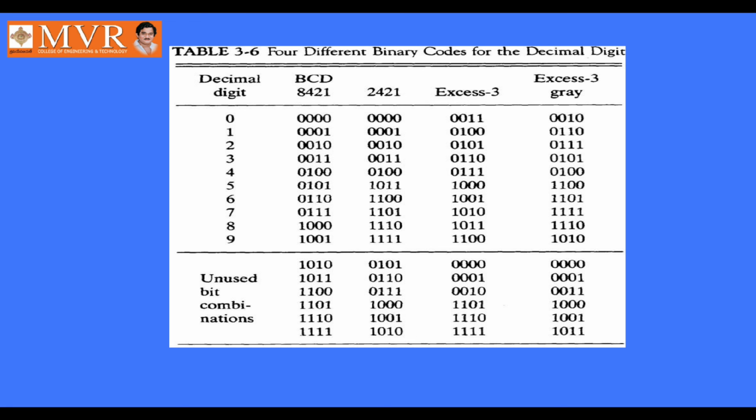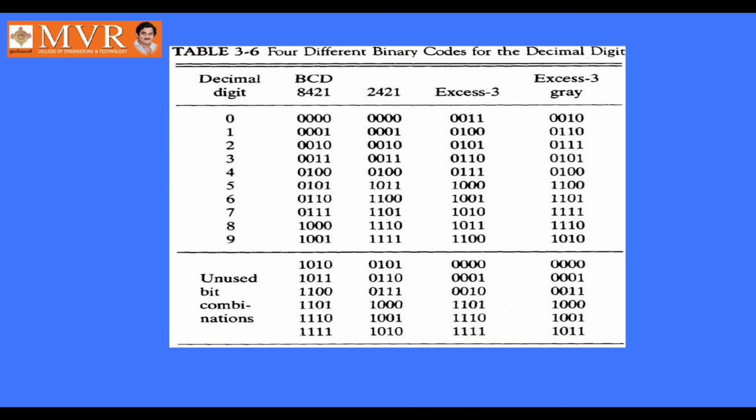You see, the value 8 is there in 2421. If you convert that 8, all the ones into zeros and zeros into ones, you will get 0001. Or 9, if you take 1111 and convert all ones into zeros, you will get 0. In the same way, in XS3 code also, the decimal 0 is 0011; if you change all the zeros and ones, you will get 9.